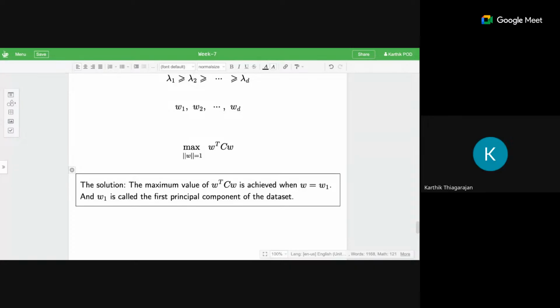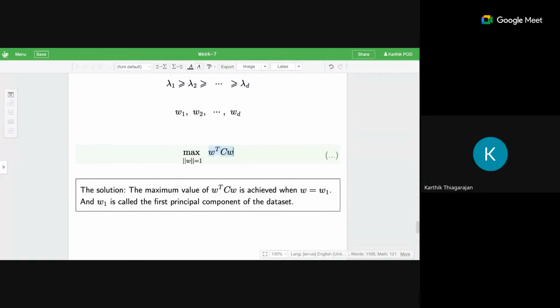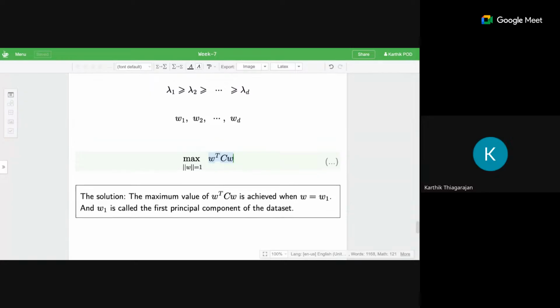You would call it either way. So what will maximize what W? We were looking for a W, right? And it turns out that the W that maximizes W transpose CW is what I call the first principal component, that is nothing but the eigenvector corresponding to the largest eigenvalue.